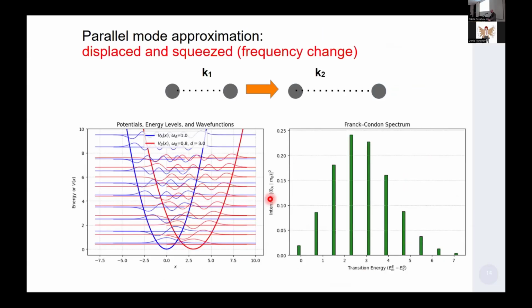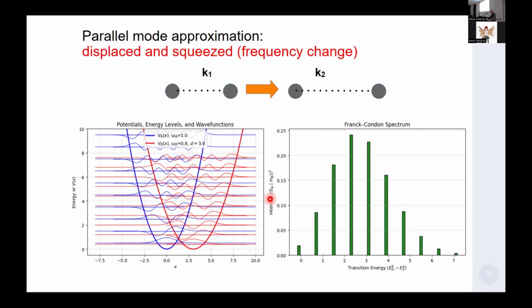Let's become a bit more sophisticated and a bit more realistic. If our molecules are not just displaced in the ground and excited state, but also vibrate with different frequencies, which is not unreasonable to assume, because the electronic structure changes, so the force constant changes too, then we have a more sophisticated spectrum, which is not a Poissonian distribution anymore. It's called the Picarian distribution. And that's a more intricate computational task.